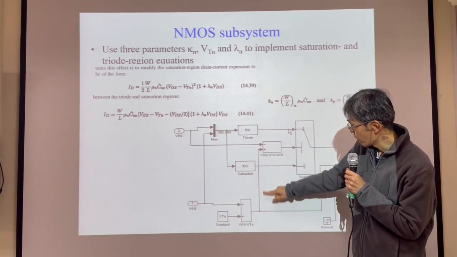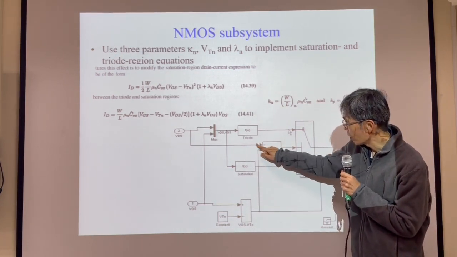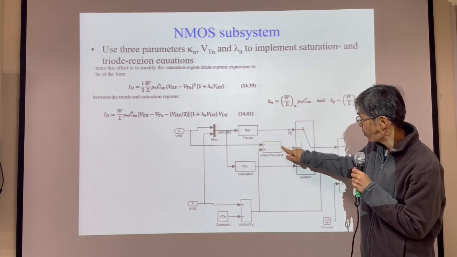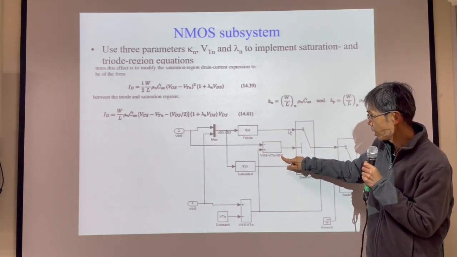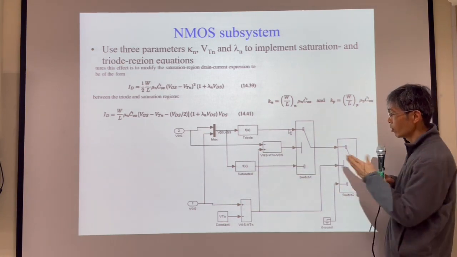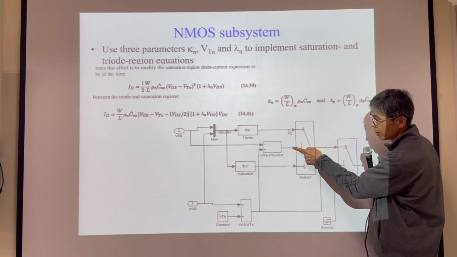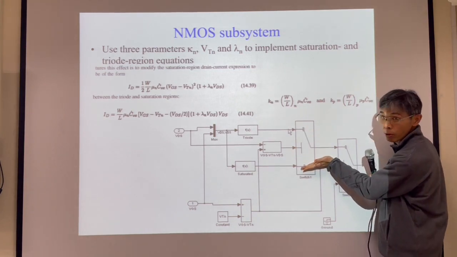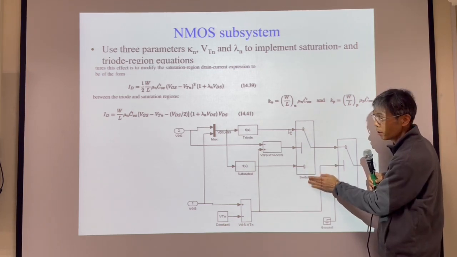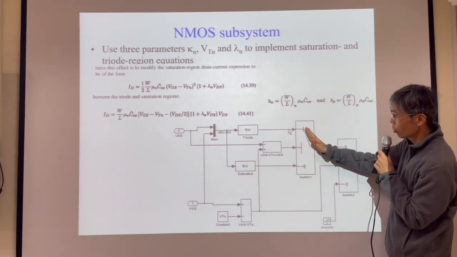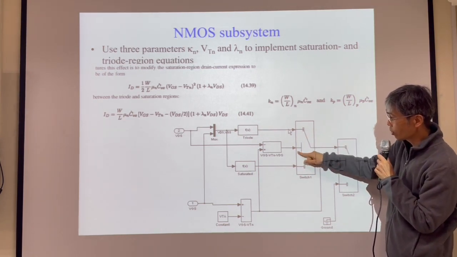This one is VGS minus VTN, and this is VDS. So this block is VGS minus VTN minus VDS. If this is greater than 0, triode. If this is less than 0, saturation. So this is the control block. It's a two-way switch that goes this way or this way, and we use this value to control it.